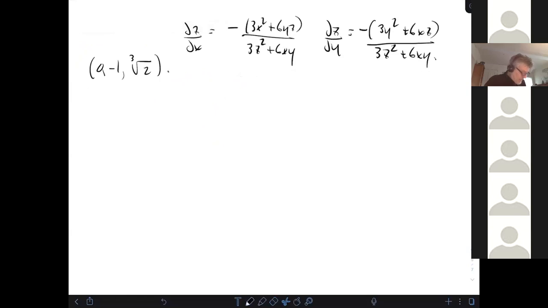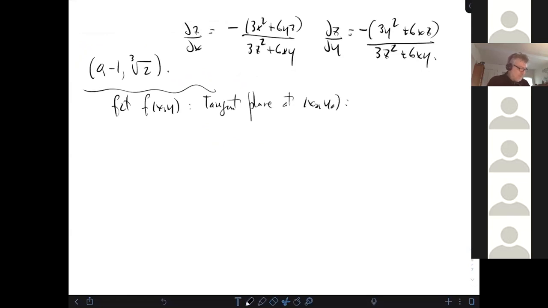Tangent plane. In general, if I have a function f of two variables, the tangent plane at the point (x0, y0), how did we find that? The equation was given by this.